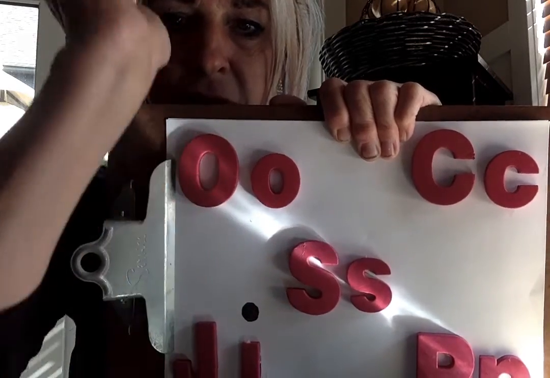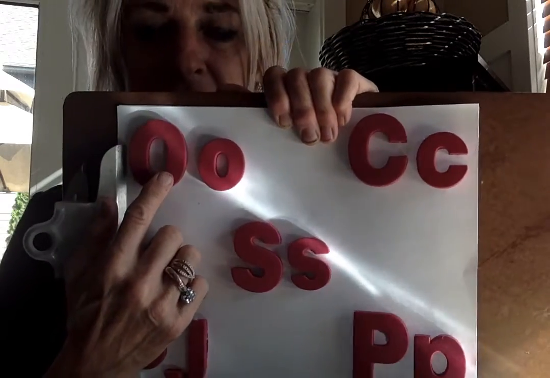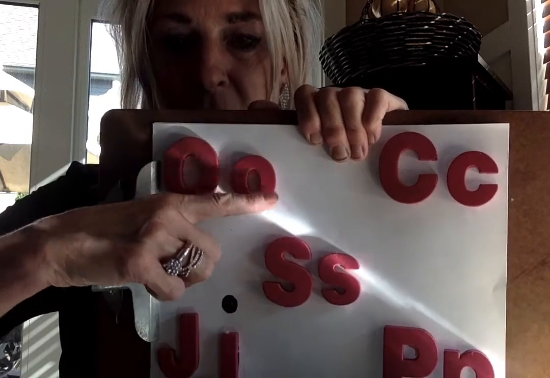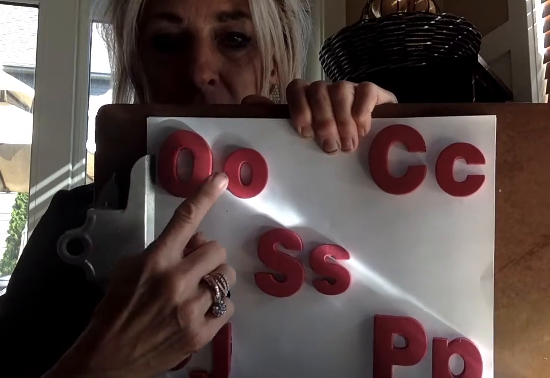This one is the uppercase. It's taller, it's bigger. So if this is the uppercase and I put it along with the other O, then I know this is the lowercase O. It's a little shorter, it's smaller. Capital, lowercase O.